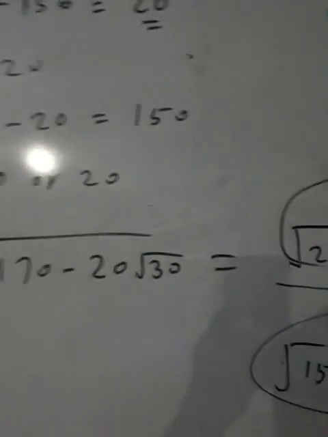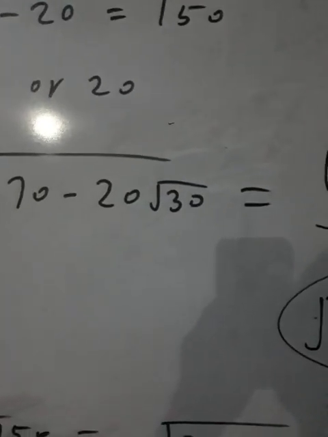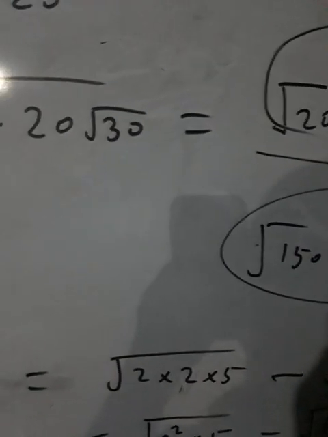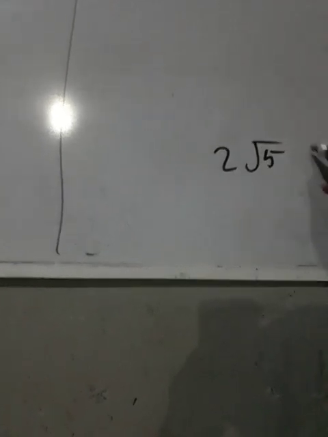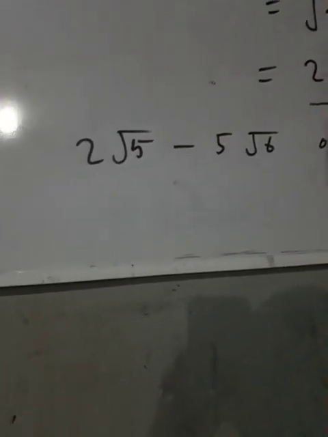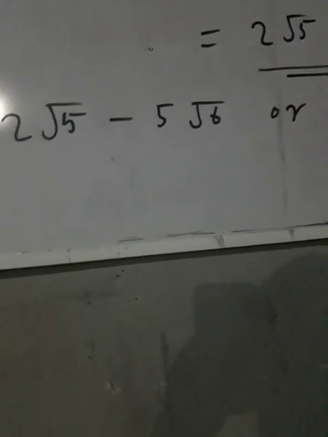This particular one is saying, remember root 150 is 5 root 6 and root 20 is 2 root 5. So the answers are 2 root 5 minus 5 root 6 or 5 root 6 minus 2 root 5. These are the answers.